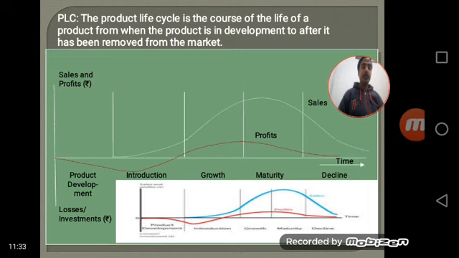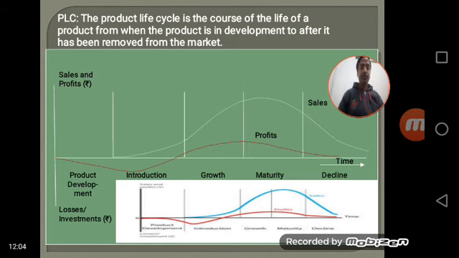In the maturity period you will earn more profit because your company and your product are matured. And at the end, because of competitors, new technology, the new environment, new norms, rules and regulations, your company's or your product's lifespan is going to decline. Clear? That's why sales are declining as well as profit.